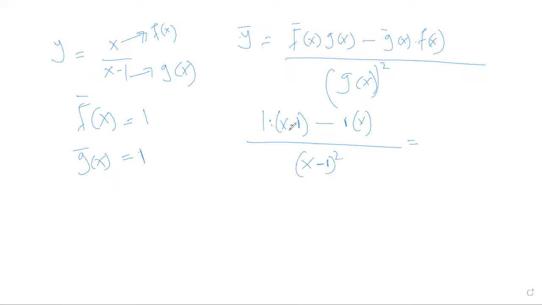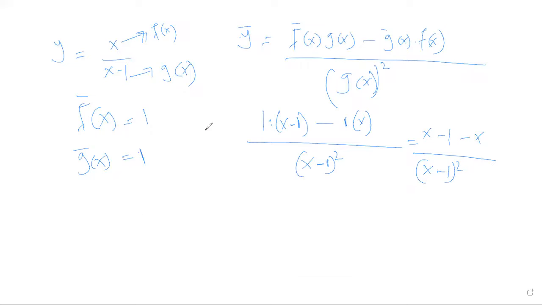This means 1 times x minus 1 will be x minus 1. Then we have negative 1 times x, which is negative x, divided by x minus 1 squared.